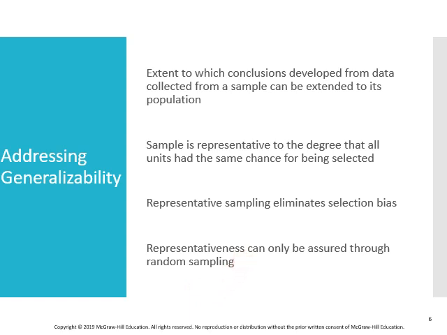And one great way to ensure representativeness is that we use random samples. And we'll take a look at what random sample means, as well as probability samples in general, in the next couple slides.